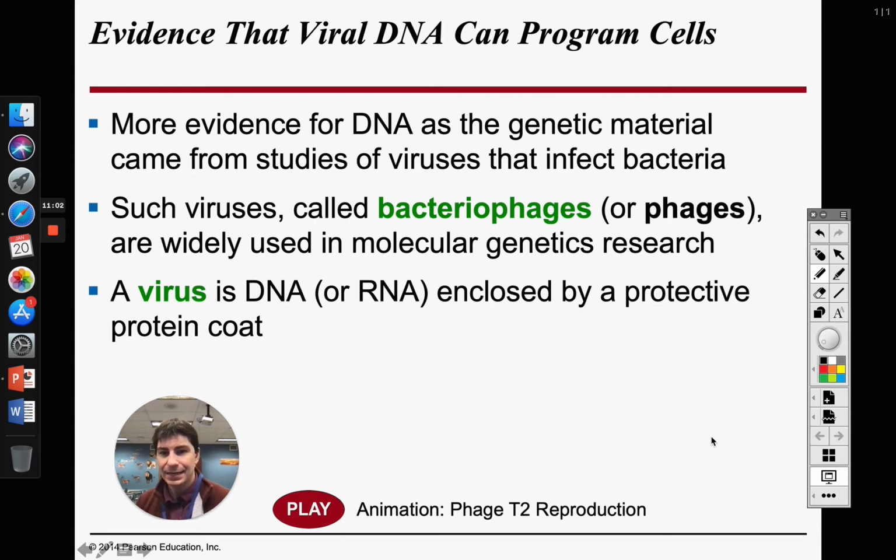It's DNA, or like the coronavirus, a new one, that's an RNA virus. So there are some RNA viruses out there. But all it is is some kind of genetic material enclosed in a protein. So viruses really aren't even considered living because they don't meet all the characteristics of life. They don't have all of them. All it is is DNA in a protein.